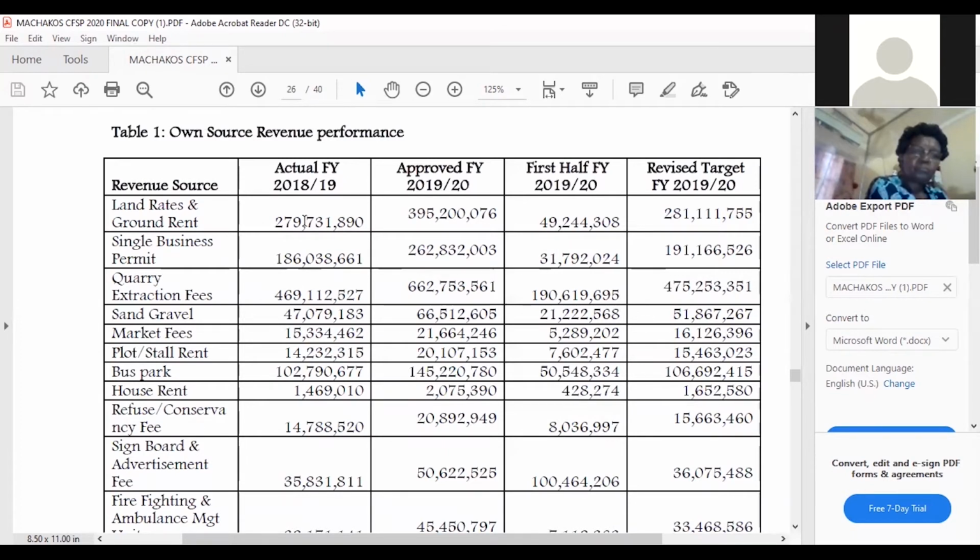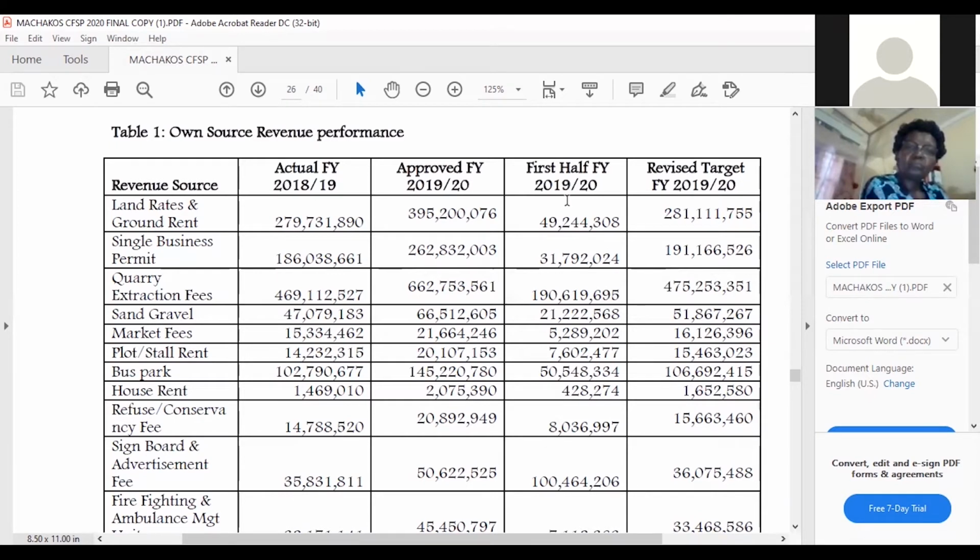As you can see, the actual financial year 2018-2019, they collected 279,731,890. And the approved budget for 2019-2020 was an increase, this one was the approved amount, what they said they were expecting to collect.